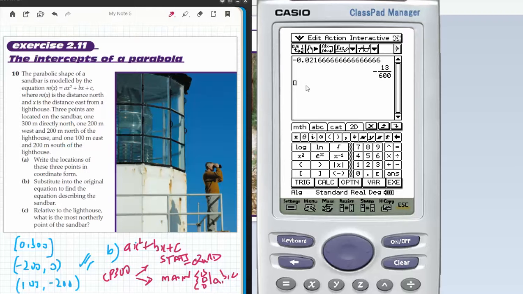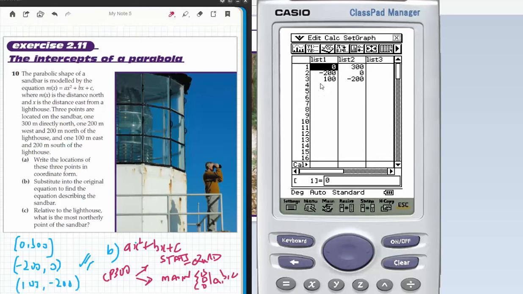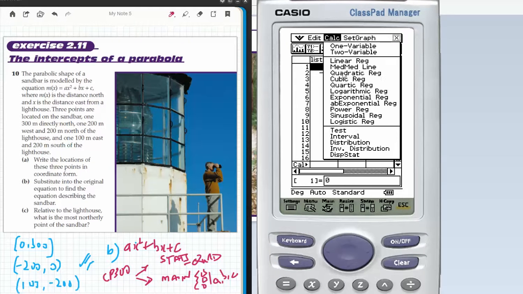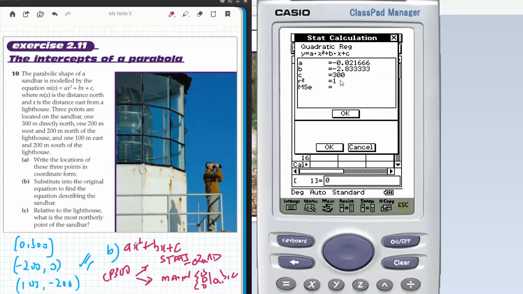And the other term was 2.8333. Now that won't be enough 3s, as you can see, it just put it over 100,000, so I put a few more 3s, and it was 17 on 6. Now I can't quite remember if that was negative or positive, so I'll go back to Menu, Stats, Calc, quadratic regression, and it was negative.